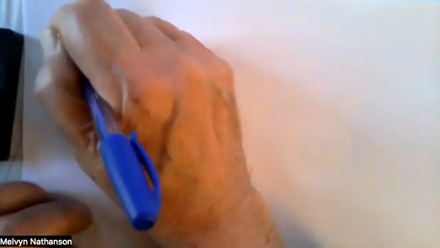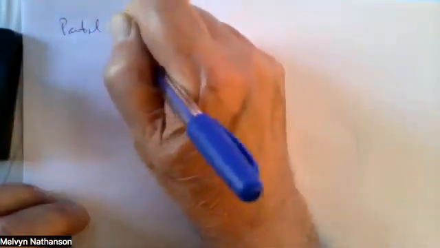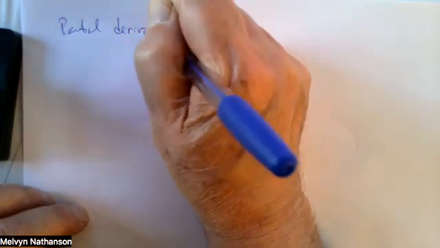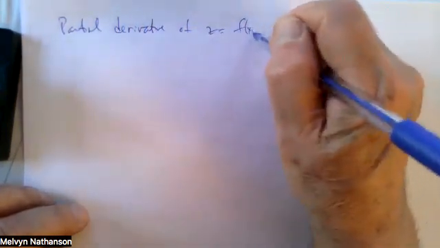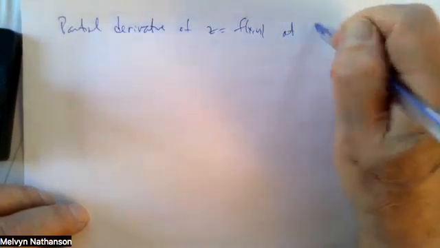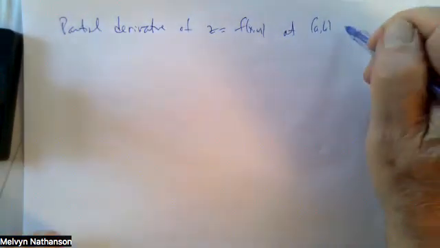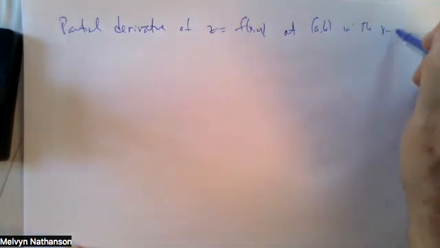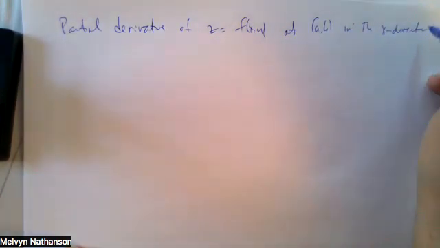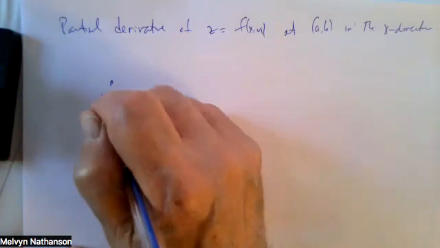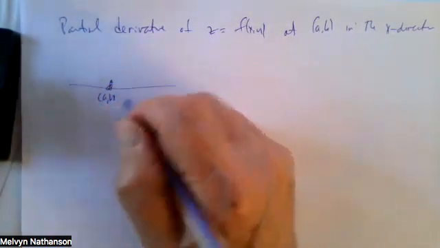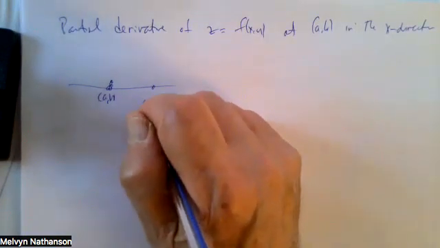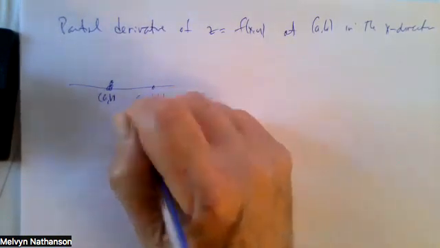So the partial derivative of, let's say we're looking at a function of two variables, z equals f of x, y, at the point a, b, in the x direction is the following. Here you have the point a, b, and you just keep b fixed and you change the x coordinate, a plus h comma b.